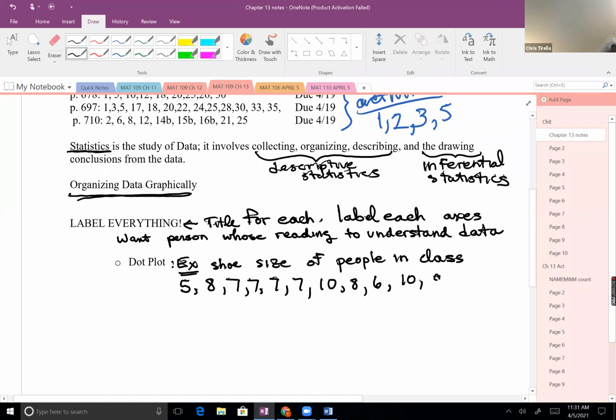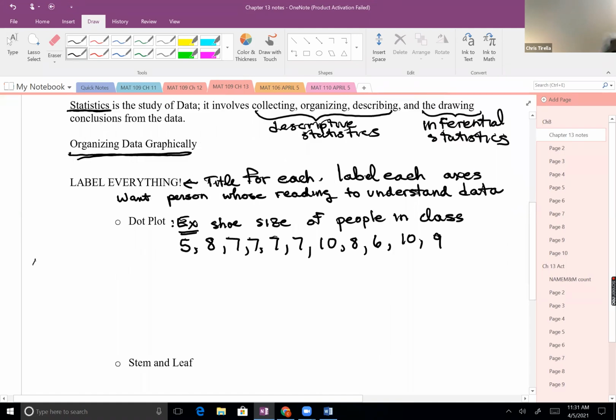And so for my dot plot, I'm going to make a number line. And I put a dot above the number for each data value.